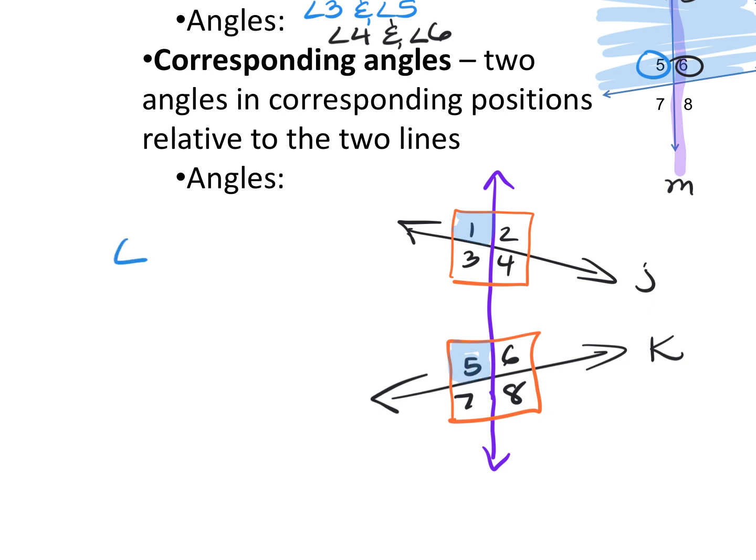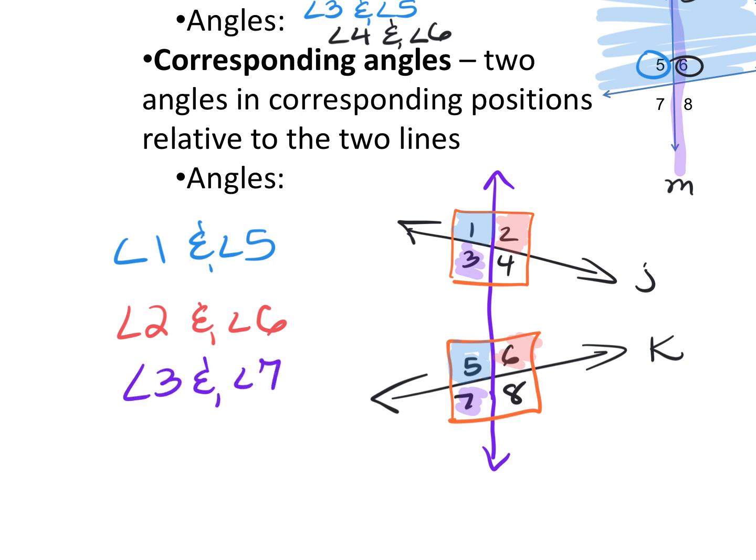So angles 1 and 5 are corresponding. Then I can do the same thing for angles 2 and 6. They would also be corresponding. And then I can also do it for 3 and 7. They're in the bottom left side. And then lastly, I can also do it for angle 4 and 8. They're in the bottom right.